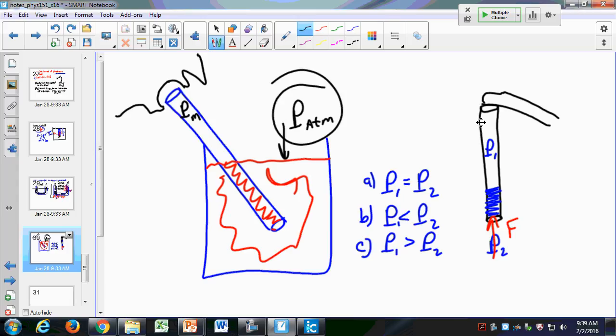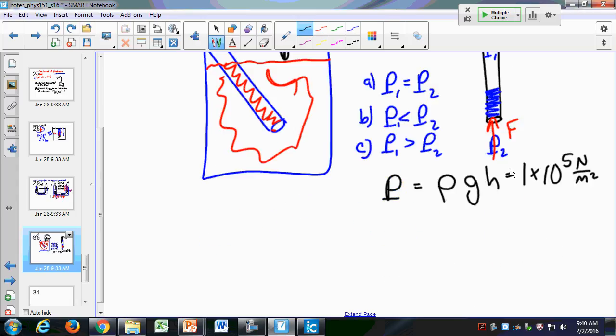Because at some point, remember P is equal to rho g h, and P is equal to 1 atmosphere. The pressure at 1 atmosphere is 1 times 10 to the 5th newtons per square meter. You don't need to know these numbers. I'm just trying to show you that we have this theoretical limit.